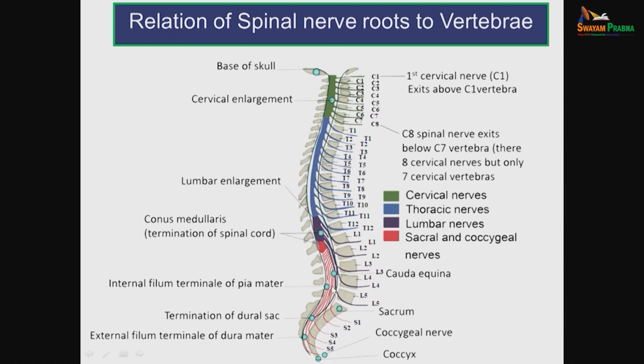This is because the cord ends at the level of the lower border of L1. There is a cranial shift, or rostral shift, of the cord. So the lower 4 pairs of lumbar nerves, 5 pairs of sacral nerves and 1 pair of coccygeal nerves take a vertical course and reach the corresponding intervertebral foramina.